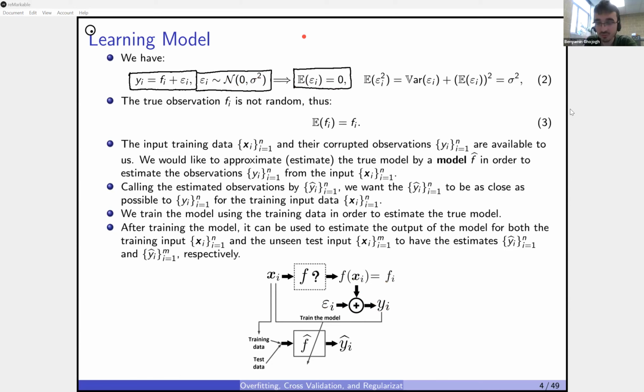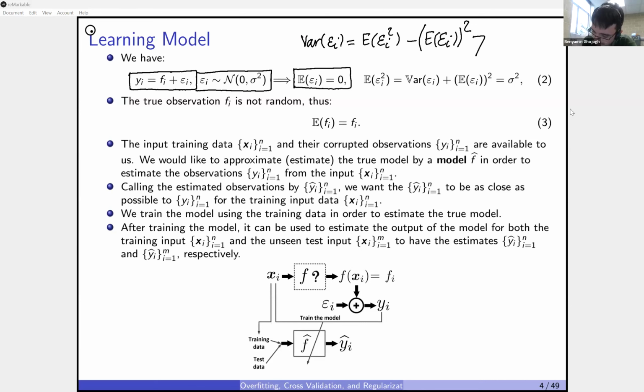There is a formula for variance. Variance of a variable, such as epsilon i, equals expectation of epsilon i squared minus expectation of epsilon i, that expectation squared. This is a formula for variance. For the proof of this, you can see one of the sessions of preliminaries in my statistical machine learning course.